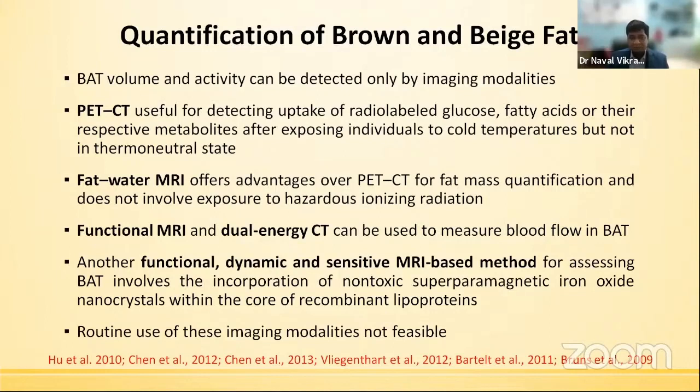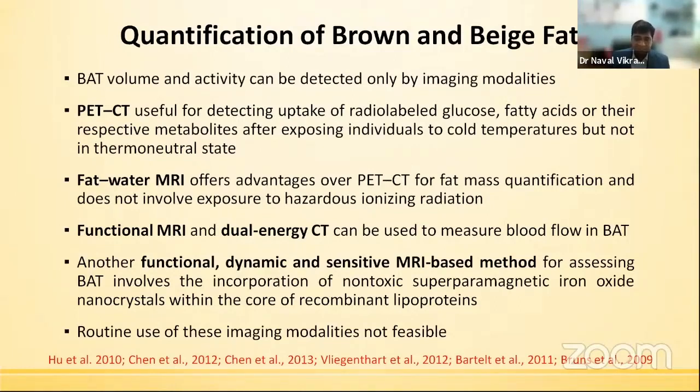This modality has been used in a lot of studies, and can be labeled by glucose or fatty acids or other respective metabolites. But the problem with PET-CT is that it can detect the brown adipose tissue only when the person is exposed to cold temperatures, but not in the thermoneutral state.